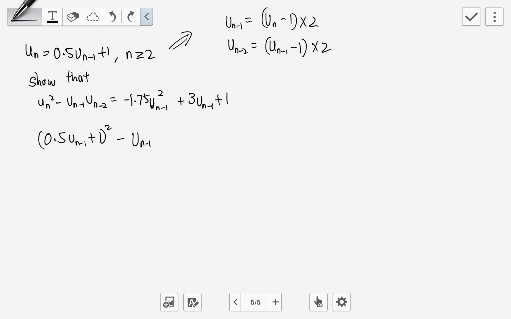Now, since we have this, I replace this with this. This is u_{n-2}, this is u_{n-2}. So I replace this part with this, so I have u_{n-1} times 2. I'm trying to show that this equals this.